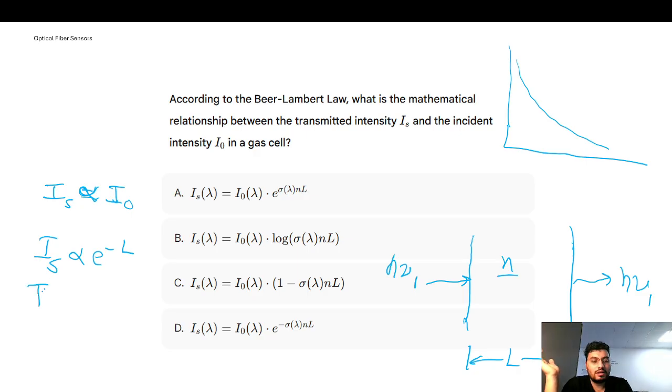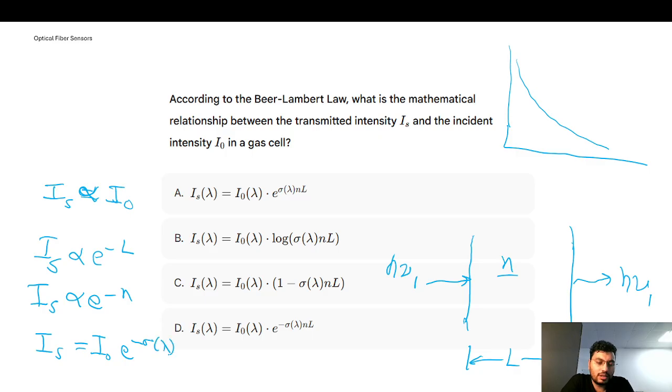Similarly, this also exponentially decreases with number of molecules or concentration, you can say C also you can write. So these three are there, and if we multiply it and keep it in the final equation, it will become I naught e to the minus sigma.